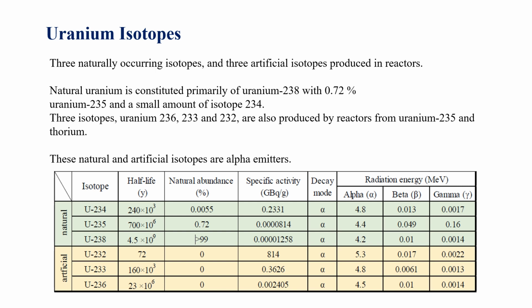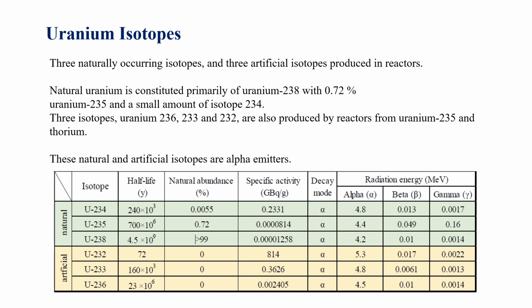We have three naturally occurring isotopes and three artificial isotopes produced in your reactors. Natural uranium is constituted primarily of uranium-238 with 0.72% uranium-235 and a small amount of isotope 234. Three isotopes of uranium, uranium-236, 233, and 232, are also produced by reactors from uranium-235 and thorium.